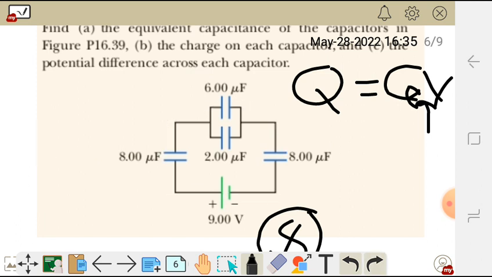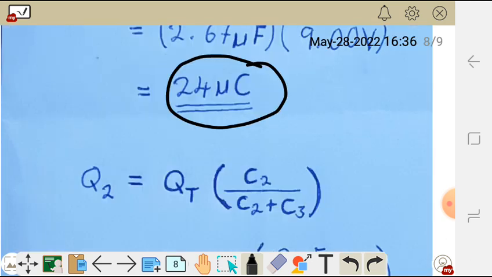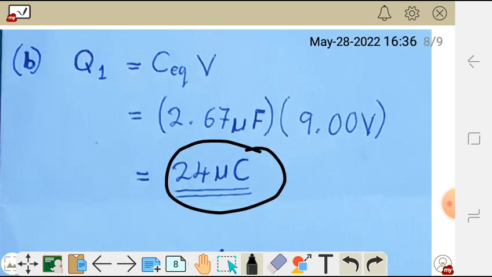The total charge flowing here is the same as the charge flowing on those there. We said the charge for capacitors in series is equal, so the total charge will be just this 24.